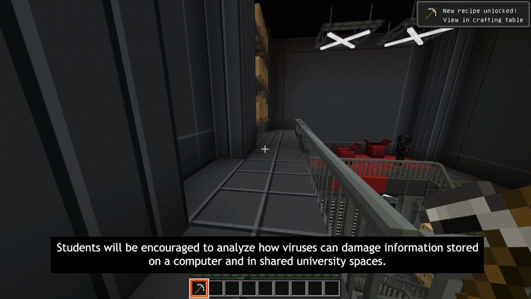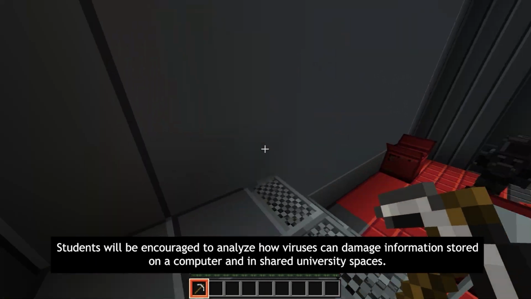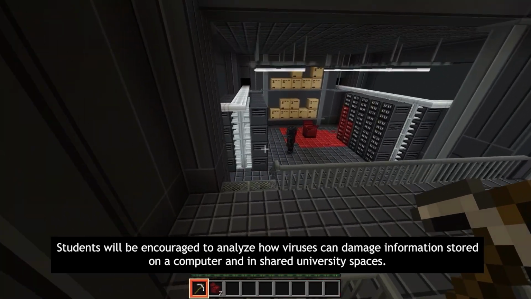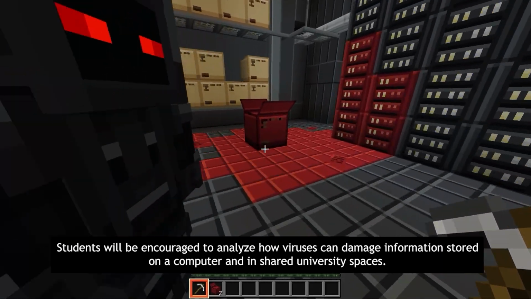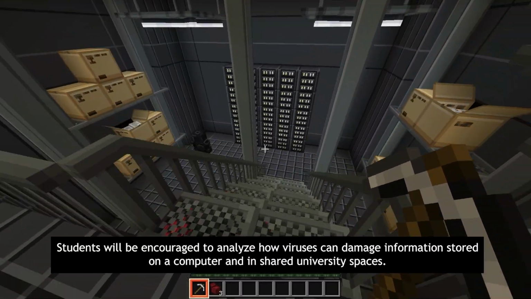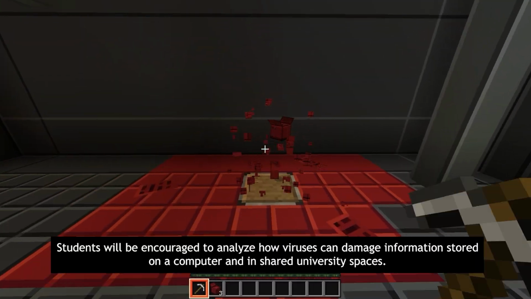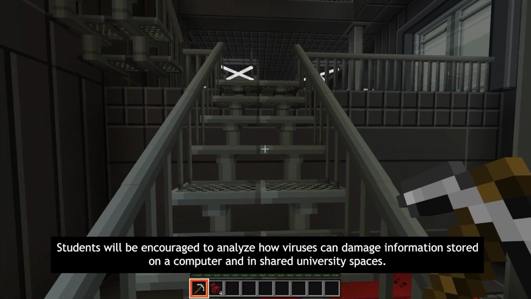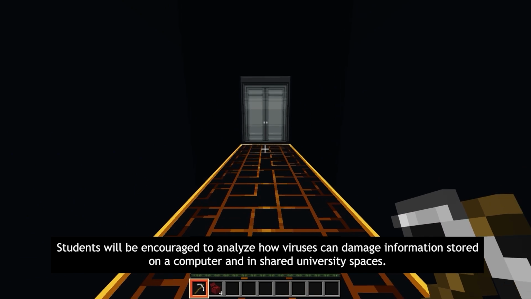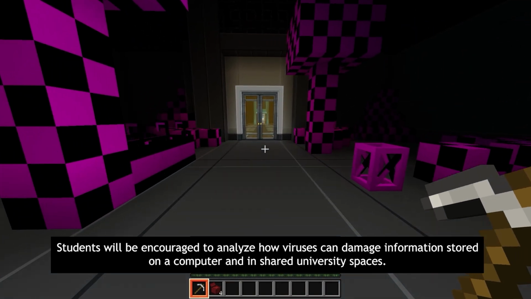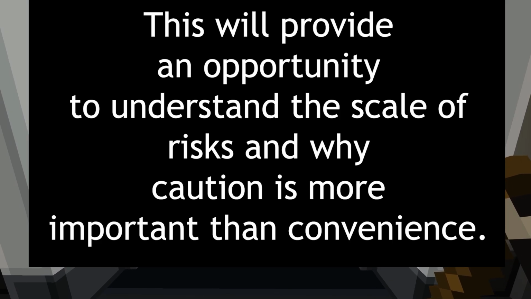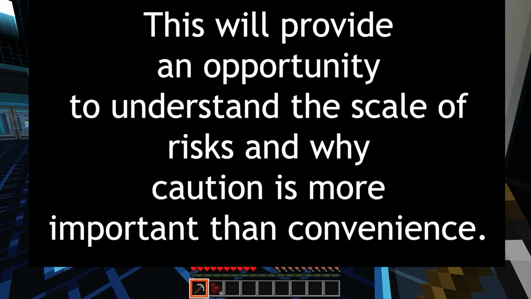Students will be encouraged to analyze how viruses can damage information stored on a computer. This will provide an opportunity to understand the scale of risks and why caution is more important than convenience.